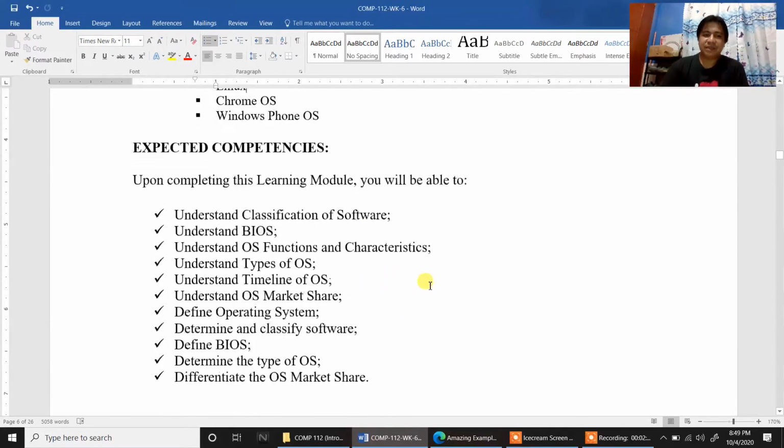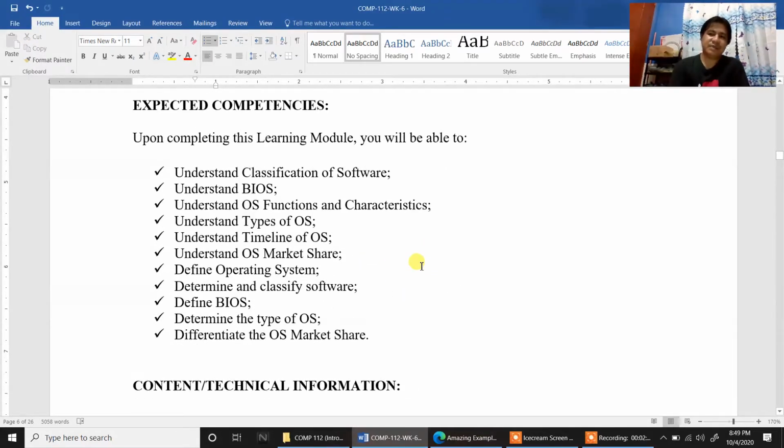Okay, so the expectation after the lesson is that you understand the classification of software, understand the BIOS, and understand the OS functions and characteristics, the types of OS, and the timeline of how the OS evolved from the very beginning of the OS until the current OS that we are using right now.